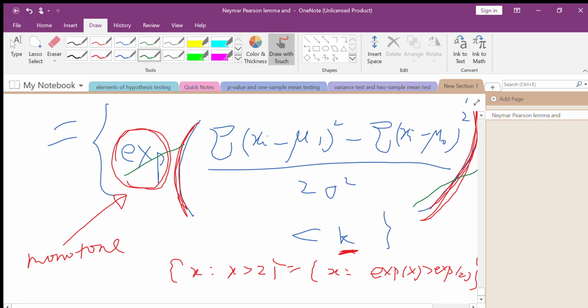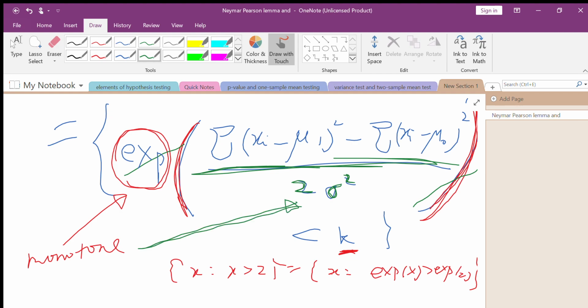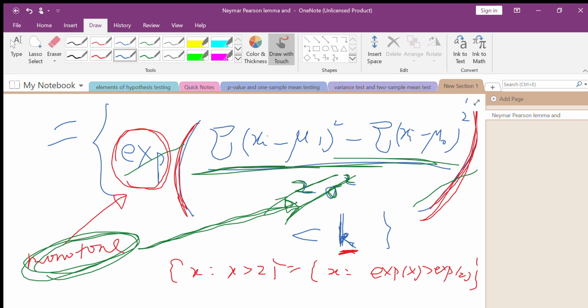And dividing this part by 2 sigma squared, a positive number, is also a monotone operation and does not change the set. We can also eliminate this part, and the right hand side also remains a constant. Although k changes, we just use it to record some arbitrary constant. We keep writing in this way.